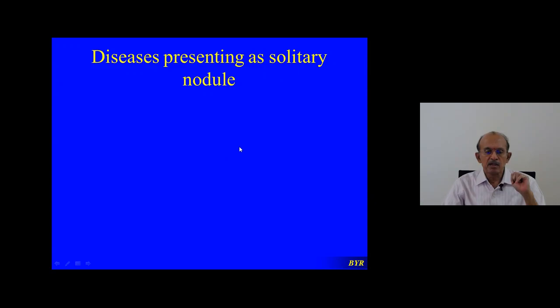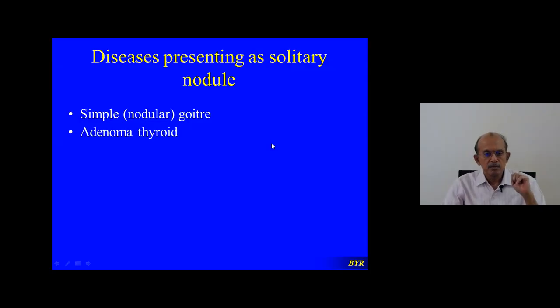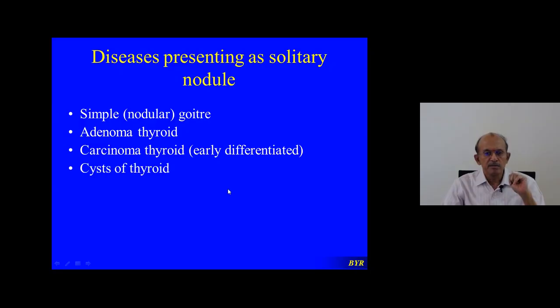Diseases presenting as a solitary nodule: simple goiter, adenoma of the thyroid, carcinoma thyroid, that is early differentiated cancer, cyst of the thyroid, toxic nodule, rarely Hashimoto's thyroiditis.